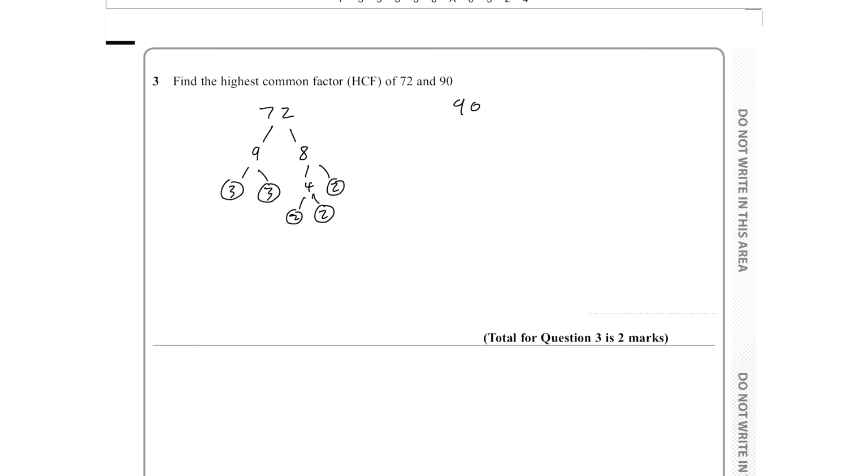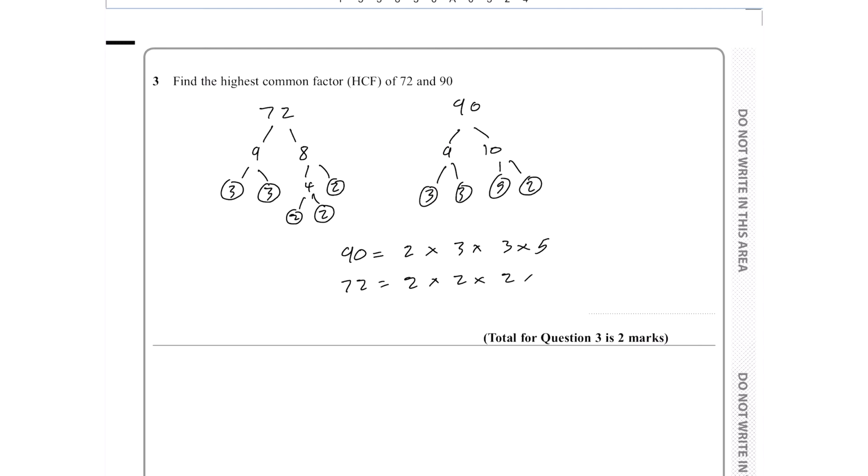And do the same with 90, that becomes 9 and 10, which becomes 3 and 3, and 5 and 2. So for 90 we have 2 times 3 times 3 times 5, and for 72 we have 2 times 2 times 2 times 3 times 3.